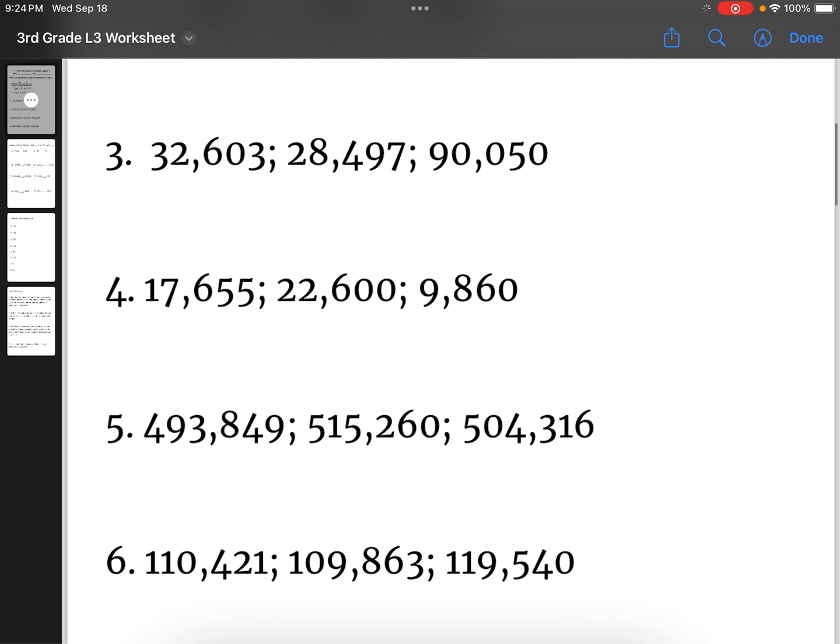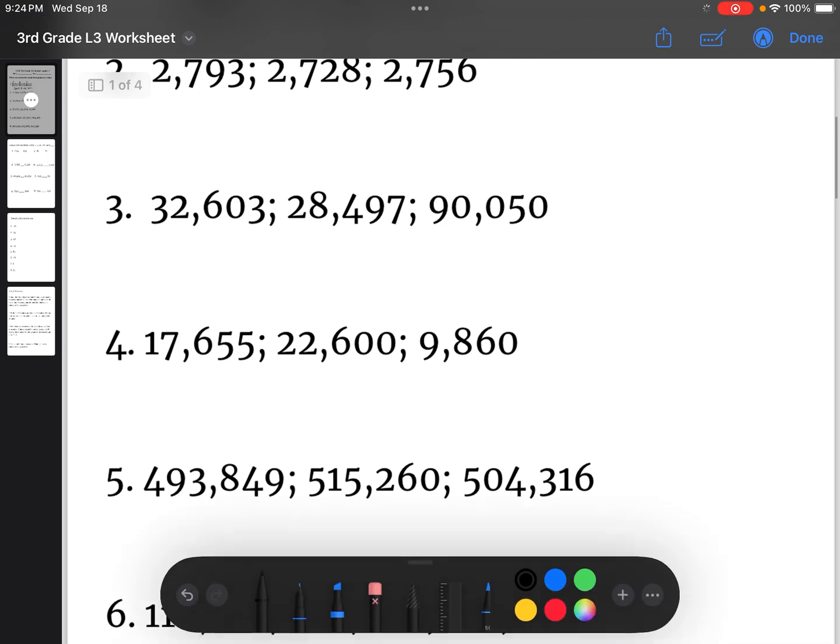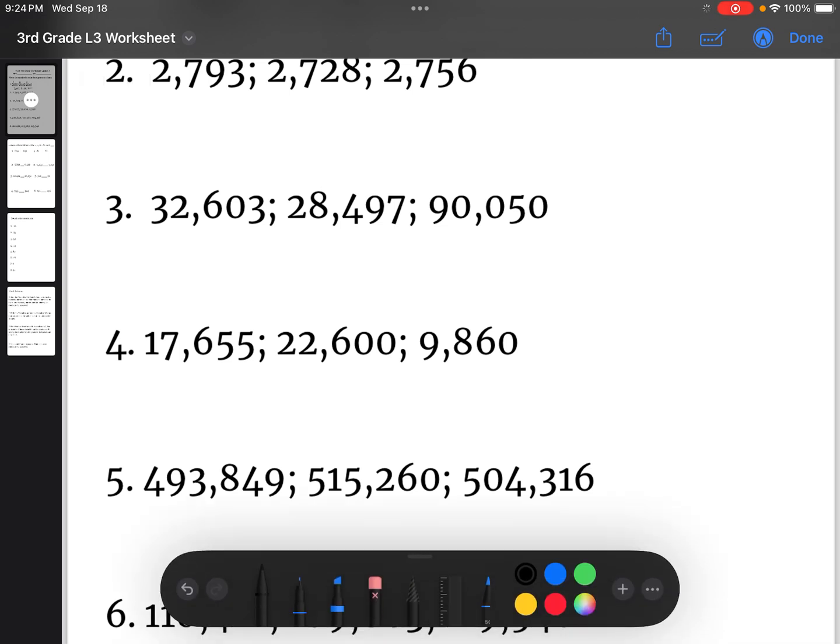Let's take a look at something like number 4. First, obviously, we're going to see this one starts with 9, this one starts with a 2, and this one starts with a 1. But don't forget that this is a 9, which looks like the highest, but it's only 9,000. This is 20,000. This is 17,000. So basically, you're looking at the whole number in front of the comma.